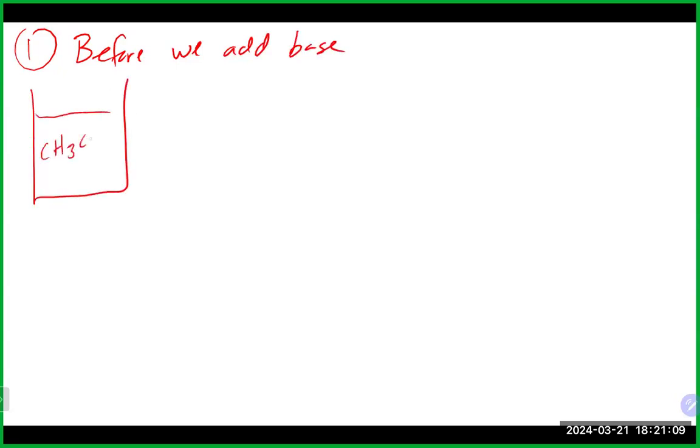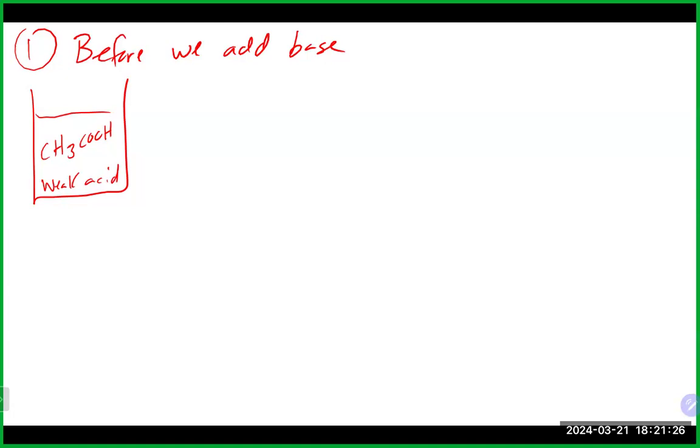So before we add base, that means once again, in this case, the only thing I have sitting in my beaker is my acetic acid, which, as we just talked about, is what type of acid? A weak acid. How do I find the pH of a weak acid? Do I just go right into the pH equation?